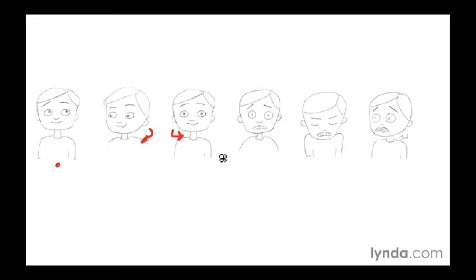We're going to have him slowly react. This happens fairly slowly, and then he's going to anticipate and then do another head turn with a much different expression. So once we understand what to do with our character, let's go ahead and start posing him, and we'll do that next.